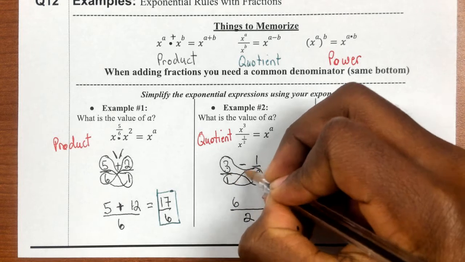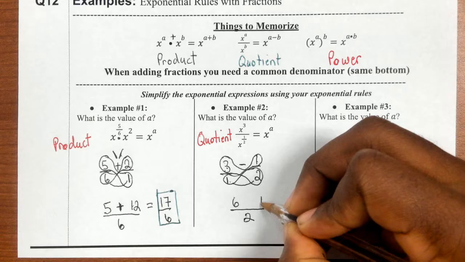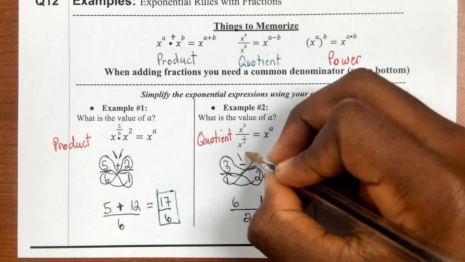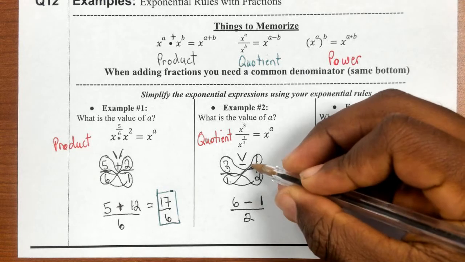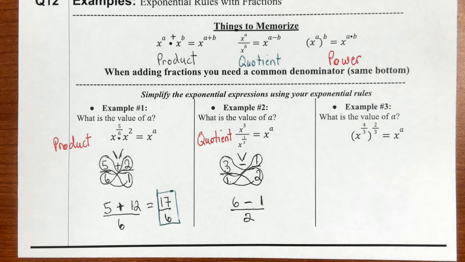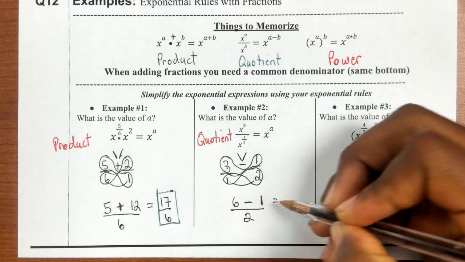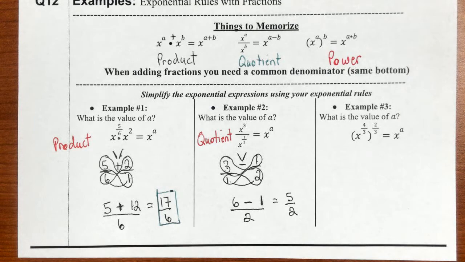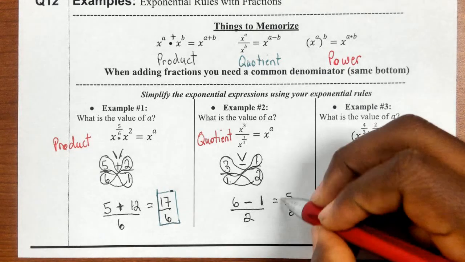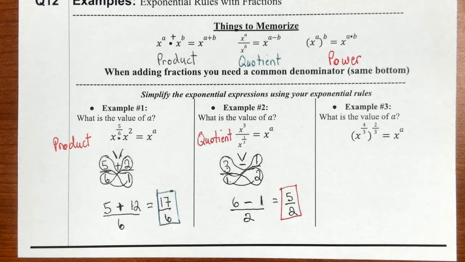Then I cross multiply this way second. 1 times 1 is 1. And then what am I doing? I am subtracting. So it kind of looks like a butterfly. 6 take away 1 leaves you with 5 over 2. Most of you probably figured that out even without the butterfly method, but this is how you do it with fractions.